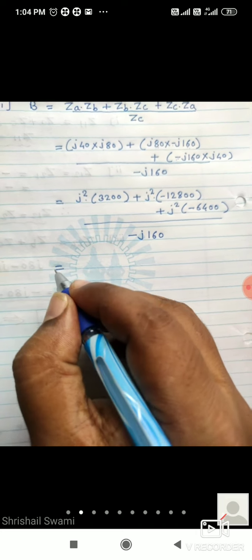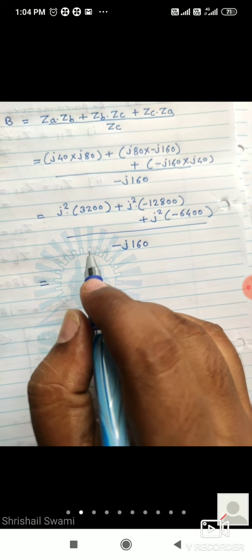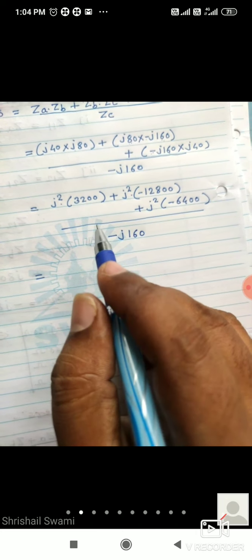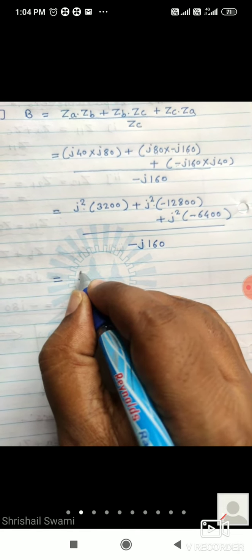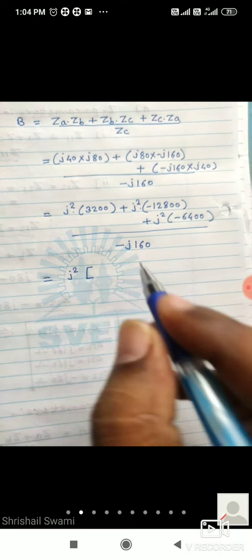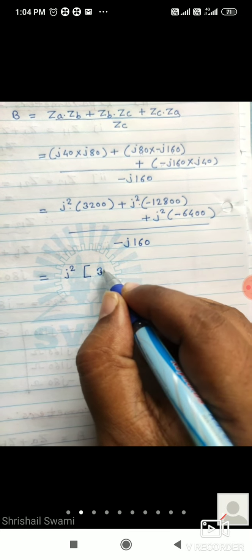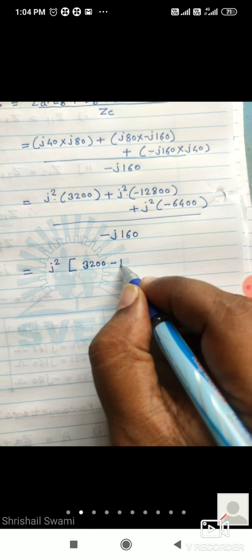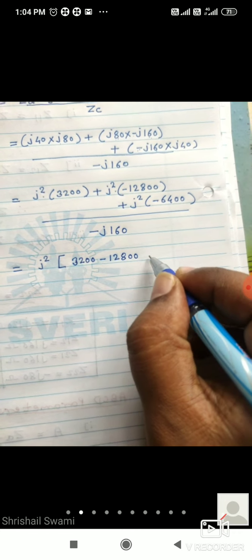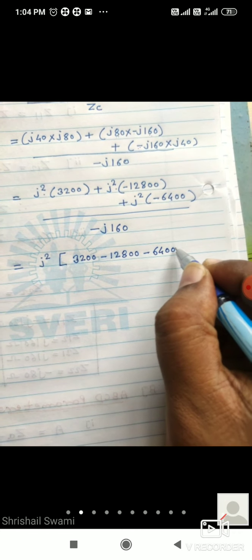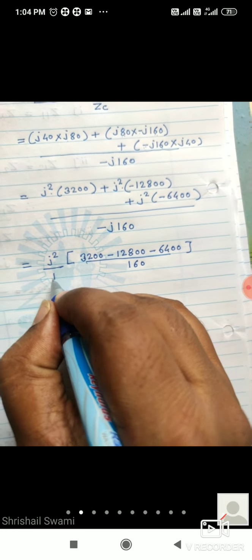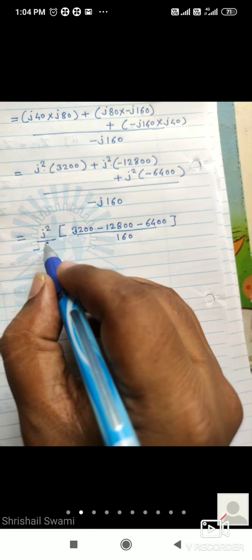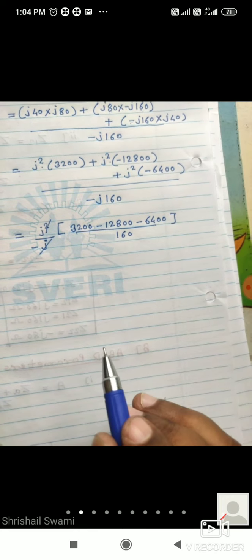Now J square you can take common. So 3200 minus 12800 minus 6400, divided by 160, and here you can take minus J. So this J and one J will get cancelled.